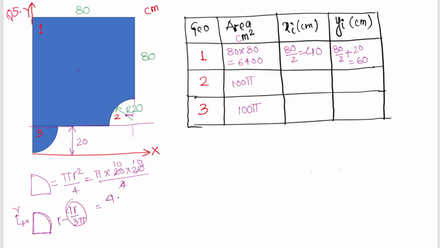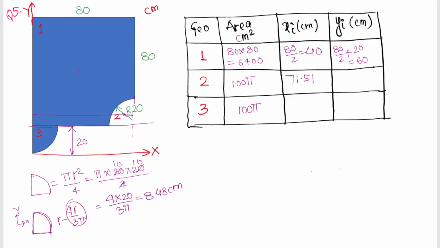Let's put the values, 4 into 20 by 3 pi, and this value will come out to be 80 divided by 3 pi, 8.48. So this dimension is 8.48 centimeter. Now if this entire length is 80 and this distance is 8.48, then the distance between these 2 points is going to be 80 minus 8.48. So 80 minus 8.48, 71.51.